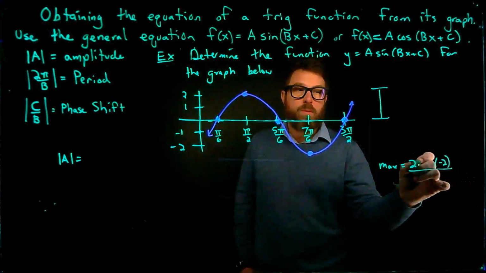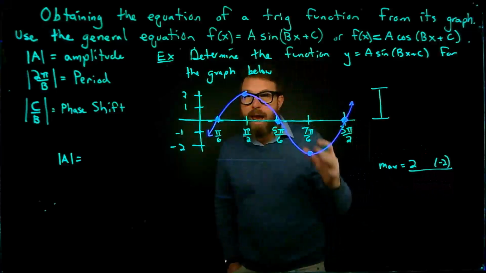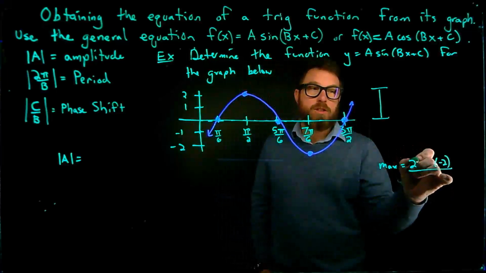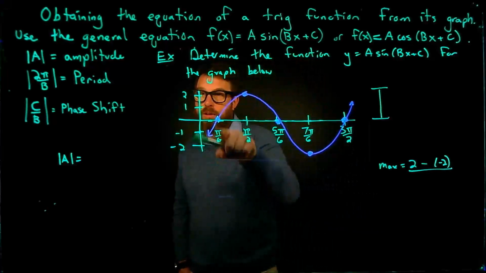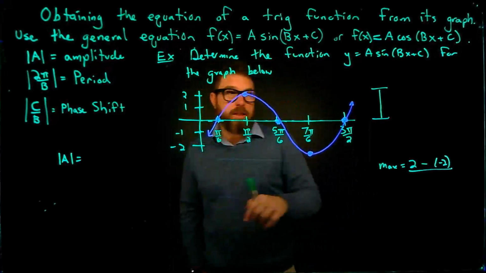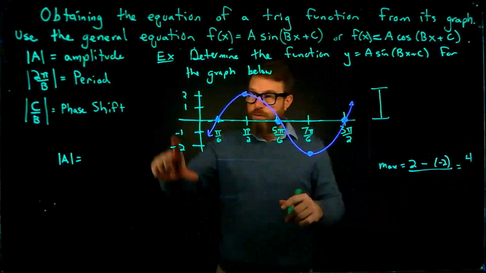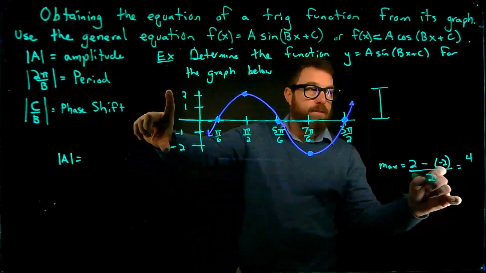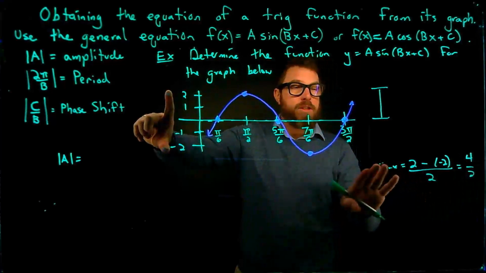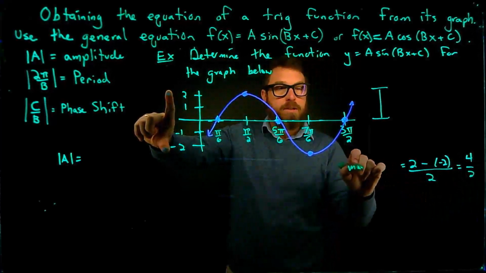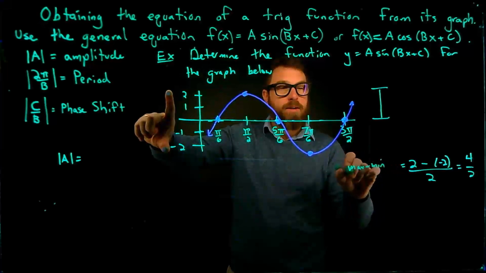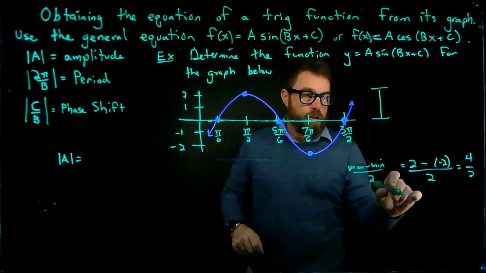So really what we're doing is we have to take half of this distance, so the distance being from here to here, the top, subtracting this bottom, so 2 minus -2 is going to give us a total distance of 4 here, and I know it's going to be half of that, so its amplitude is going to be max minus min divided by 2, which is equal to 2.